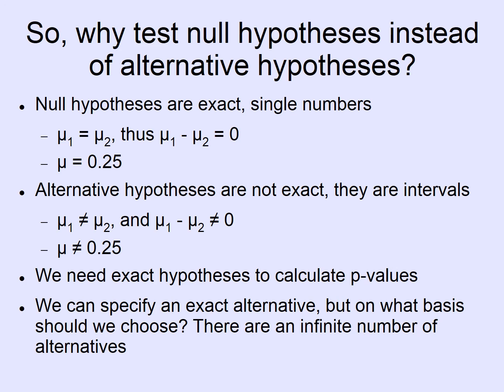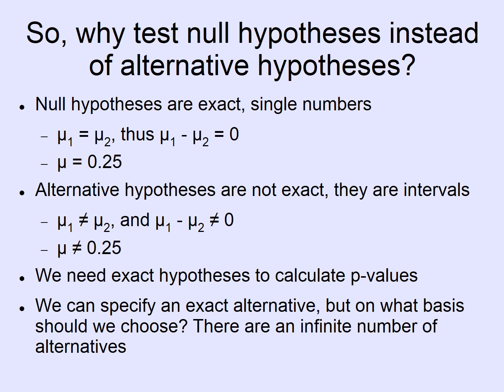We'll see that sometimes our null value might not be 0. It's the most common, but we can define it, and it is an exact value. Whereas an alternative can be anything outside of that null. We're not sure where it's going to be. So there's an infinite number of them.